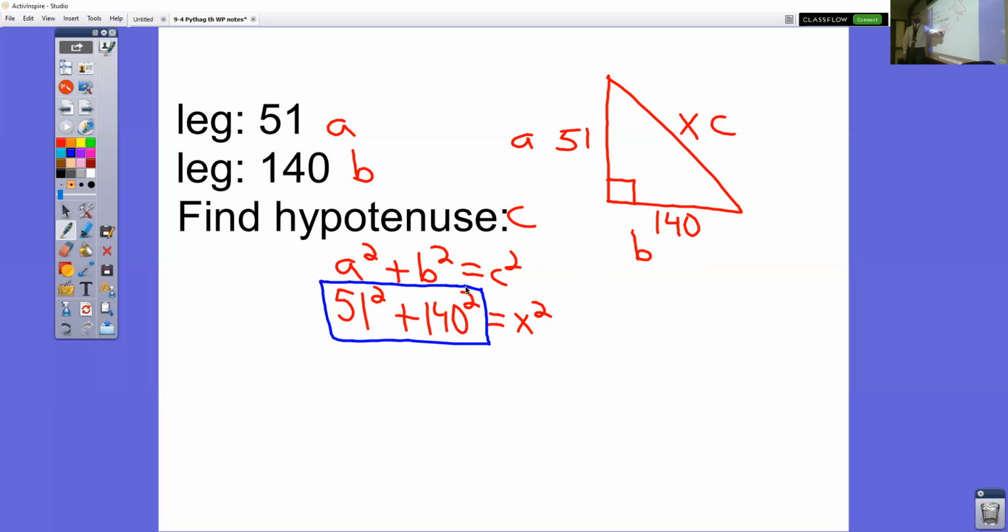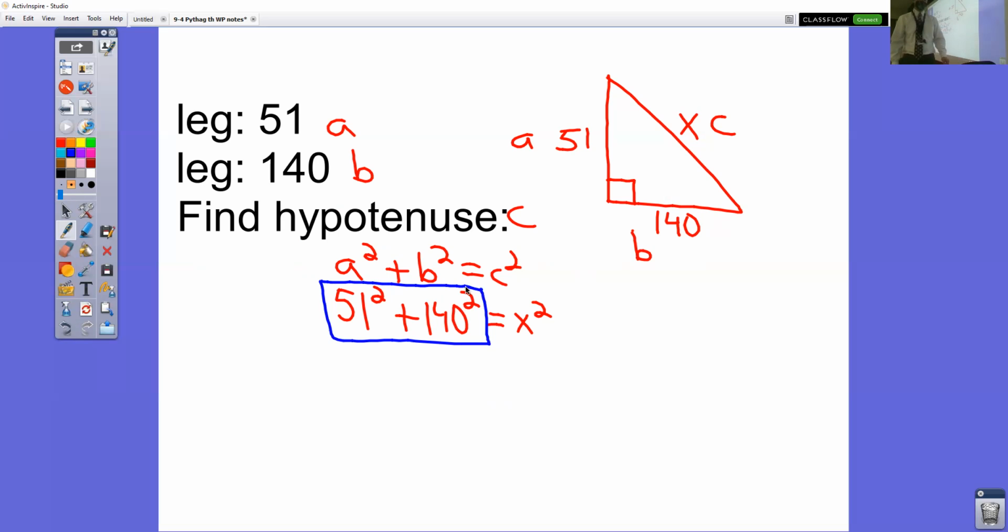Remember, you can't just add them together and say, oh, it's 191 squared. You have to follow order of operations, so you have to type it into the calculator exactly how it says. 51 squared plus 140 squared. You can't do 191 squared. It doesn't work that way.